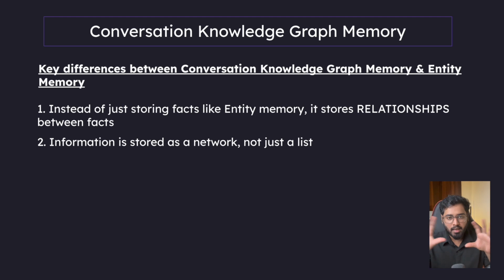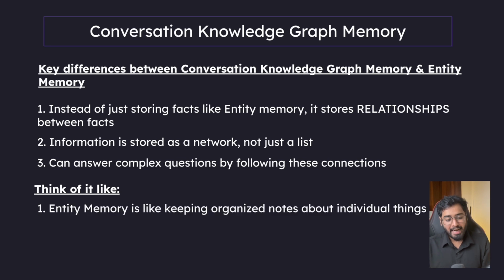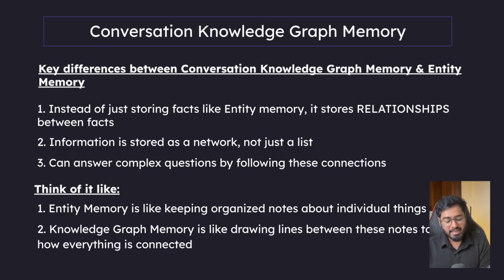You can imagine a graph to be a network of things, but entity memory is just a list of things. So it can answer complex questions by following these connections. Entity memory is like keeping organized notes about individual things, whereas knowledge graph memory is like drawing lines between these nodes to show how everything is connected together.